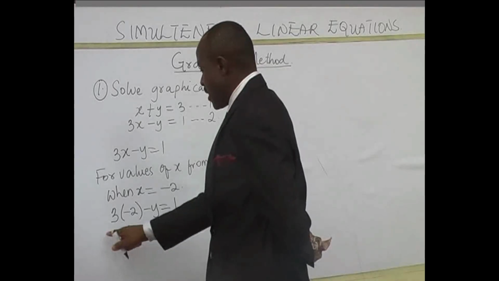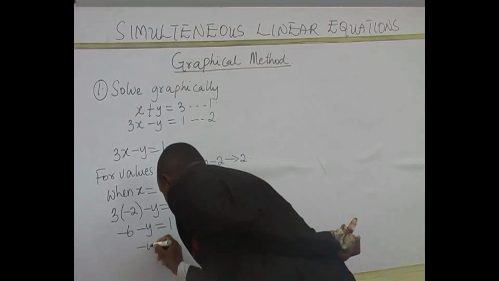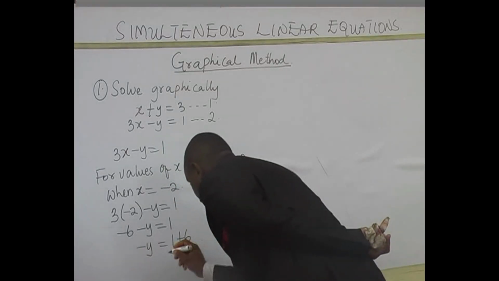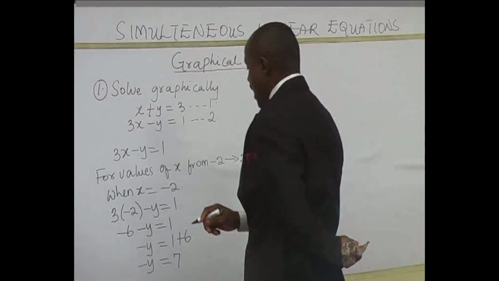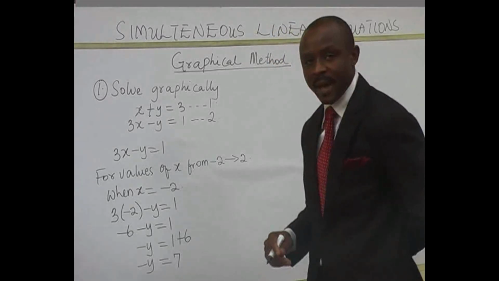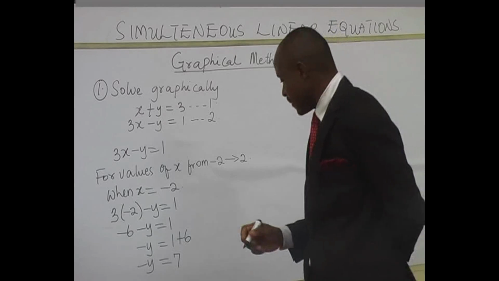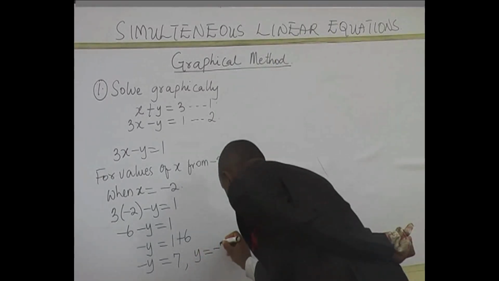Take minus 6 from the left hand side of the equation to the right hand side, you change to plus. So we are going to have minus y is equal to 1 plus 6. That means minus y is equal to 7. And if minus y is 7, that means y is going to be minus 7.